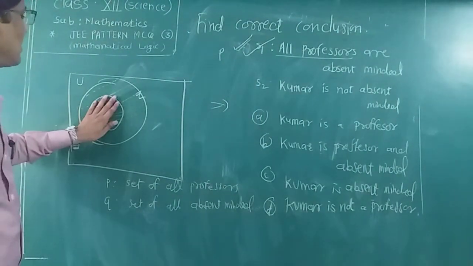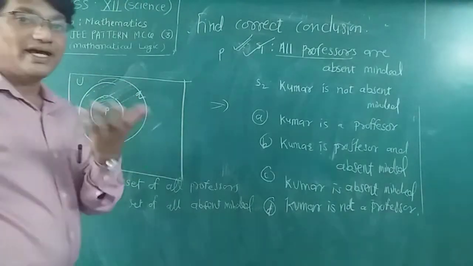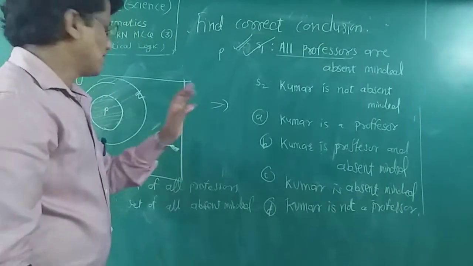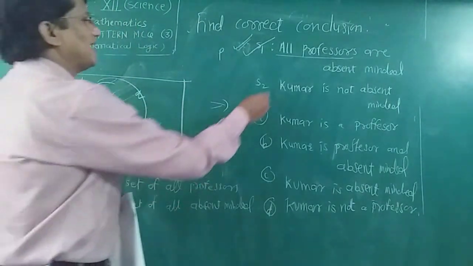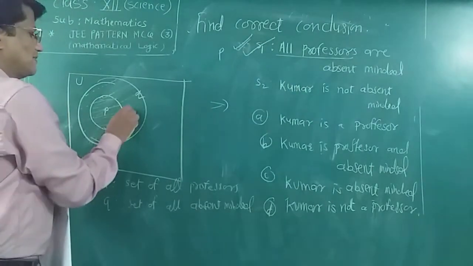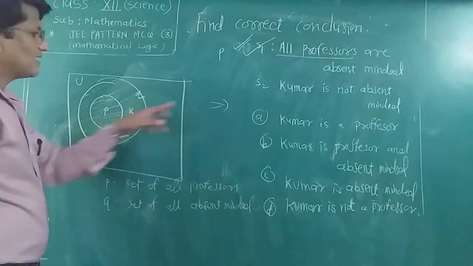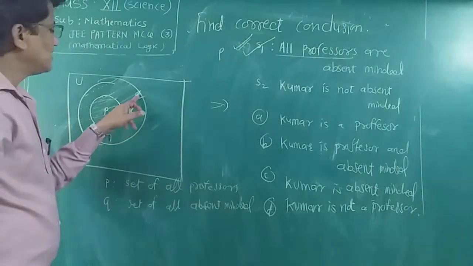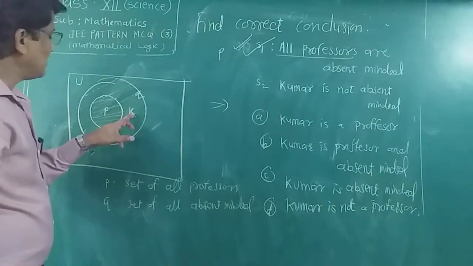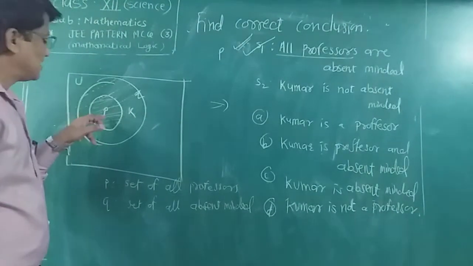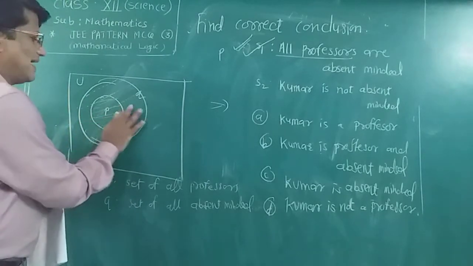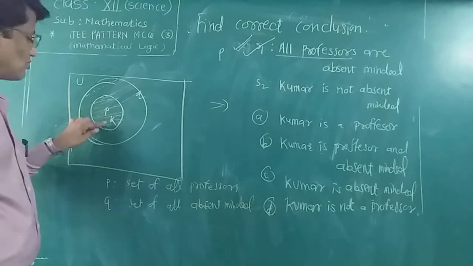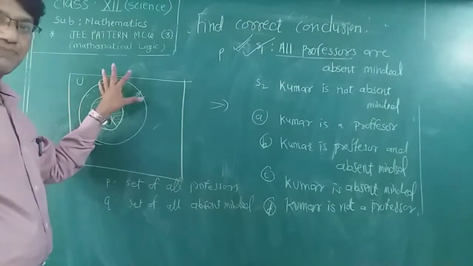All professors are absent-minded. But where is Kumar? Kumar is not absent-minded. If I take K for Kumar at this position, then he is absent-minded but not a professor. If I take K here, Kumar is a professor because Kumar is in the first circle as well as the big circle.